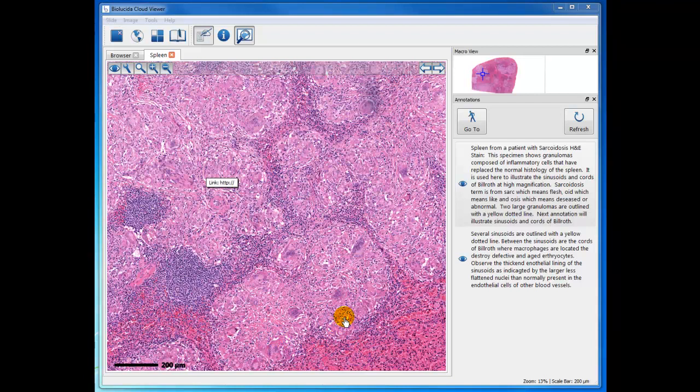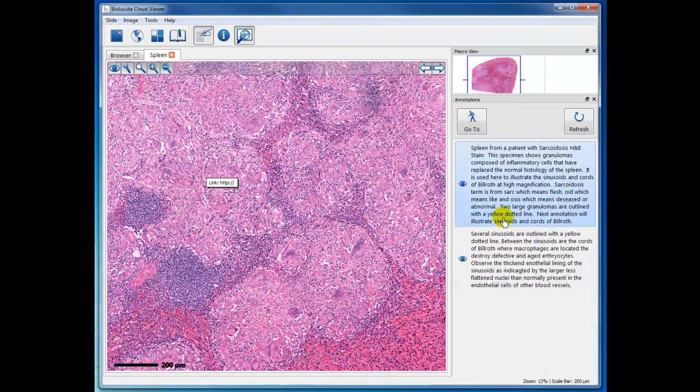We really do not know what causes sarcoidosis. Some think it's an inhaled substance from the air. That would make sense in, let's say, the lung and maybe the lymph nodes related to the lung, but certainly not in the spleen.